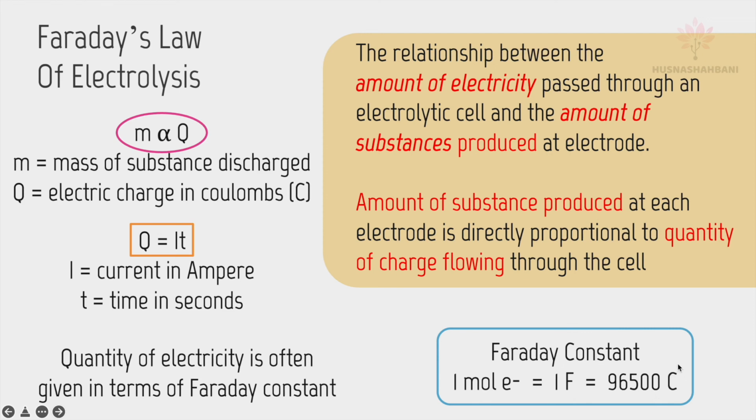This is Faraday's constant. Faraday's law is the relationship between amount of electricity passed through and amount of substance produced. And the constant is 1 Faraday equals 96,500 coulomb. It is equivalent to 1 mole electron.